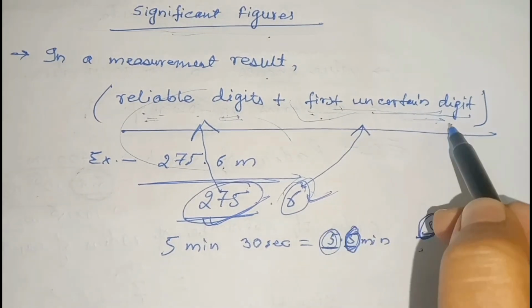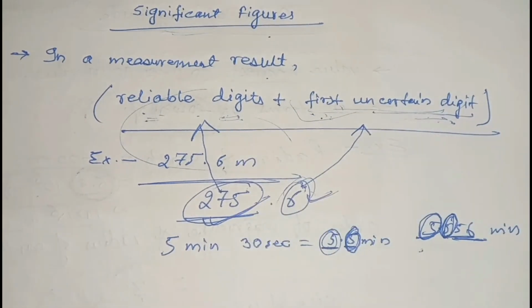There can be many uncertain digits, but the first one is taken as a significant figure.